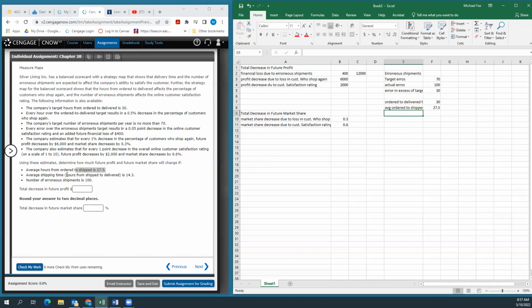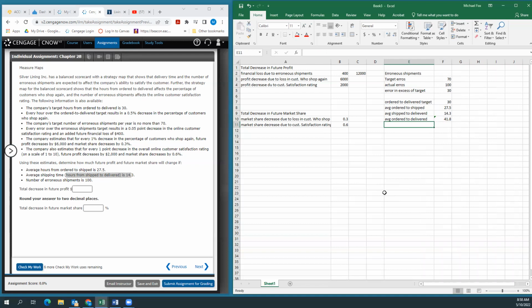And then it gives us our average shipped to delivered is 14.3. So our average ordered to delivered is just going to be those two added up, right? All right, so our target is 30, but it's taken us 41.8.